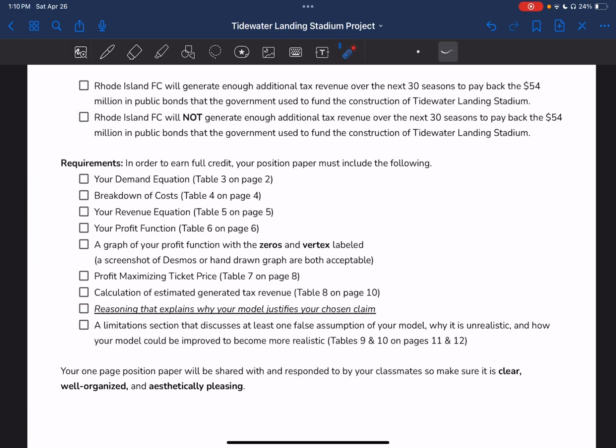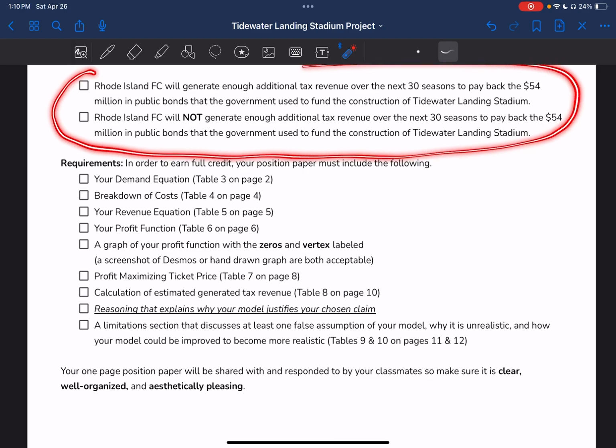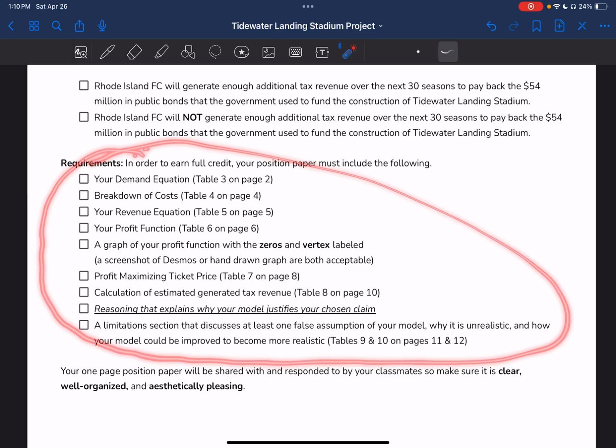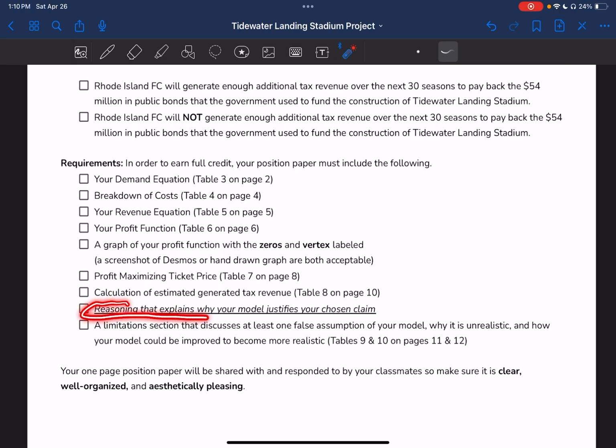I'm essentially looking for three things, and if you look at the rubric, this reflects that: one, you need to clearly choose a position. Two, you need to include all of the requirements here. And three, you need to explain why your model justifies your chosen claim.